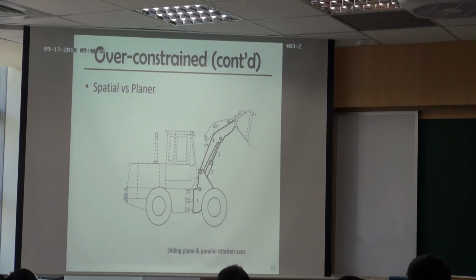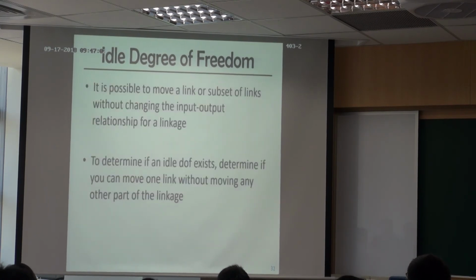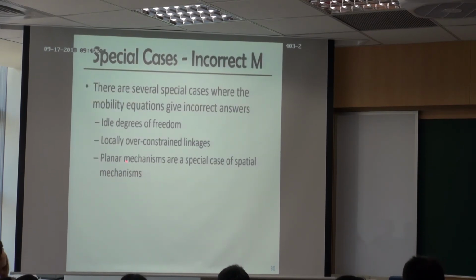Okay, so this is a final case. I made a wrong title here. It belongs to the third special case. So the final slide I'm going to talk about is this: planar mechanisms as a special case of spatial mechanisms.